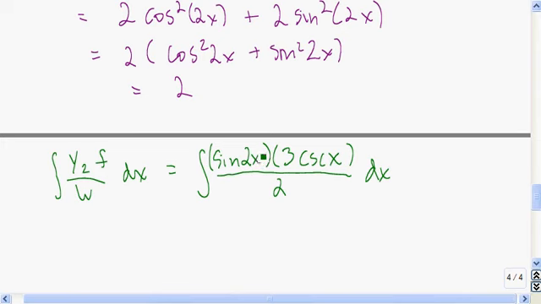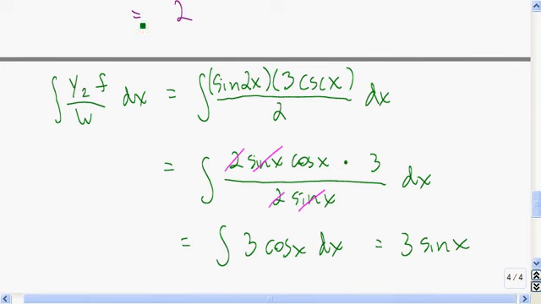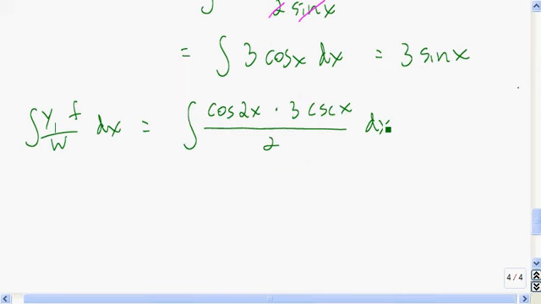And we'll use the identity that sine of 2x is 2 sine x cosine x. All right, so then these 2's here cancel. The sine of x cancels. And we get 3 cosine of x. All right, so our first integral ends up being 3 sine of x. All right, so we'll work on the second one now.